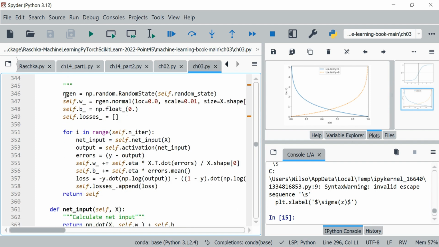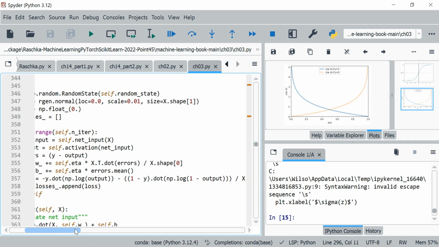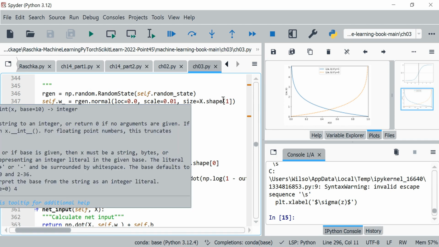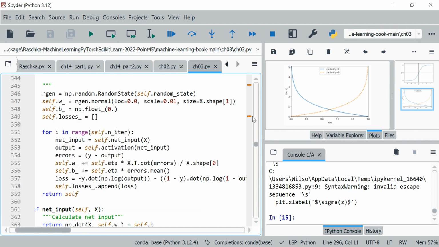Then we set the random number state, then create normalized initial values for the weights using this random number generation, with the shape as the training data's second axis, which means the column number.